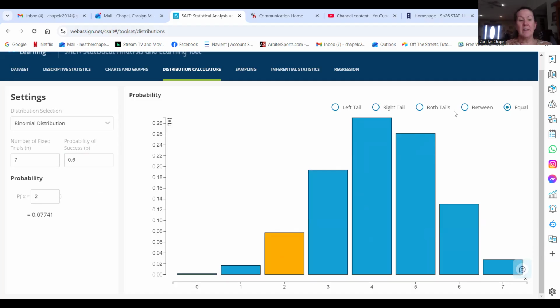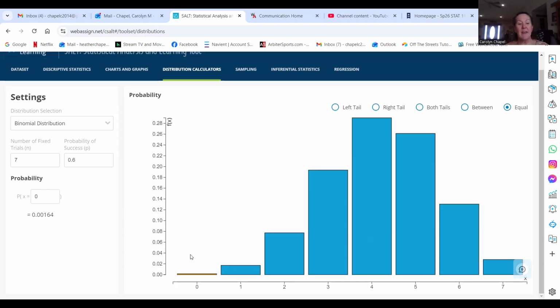So I'm going to be using the equal to button in this case because I wanted the probability that X was equal to, and for our example, 0. You will see that it does highlight the little teeny tiny one there. I'm going to write down my answer on my other paper, and we'll come back to it.